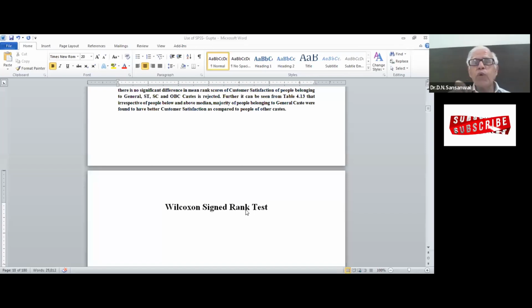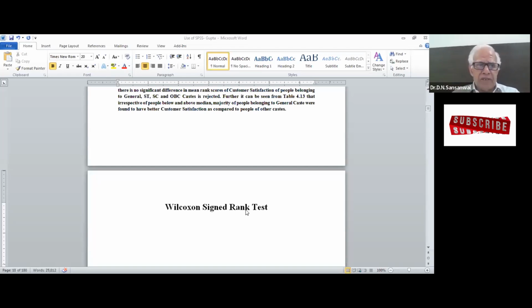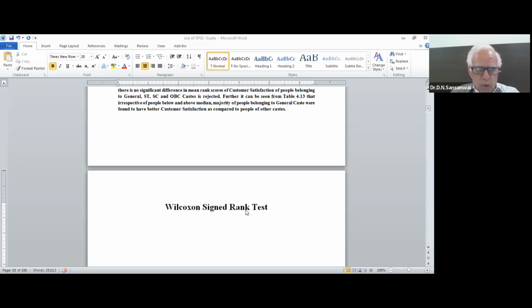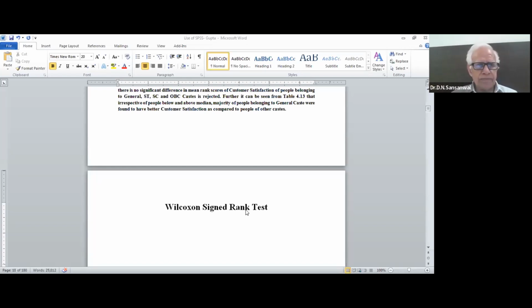In the correlated t-test, you have one group and then you have the repeated measures. The same group, you have your observation now and you have your observation tomorrow or day after tomorrow, or after 10 days, whatever it is.